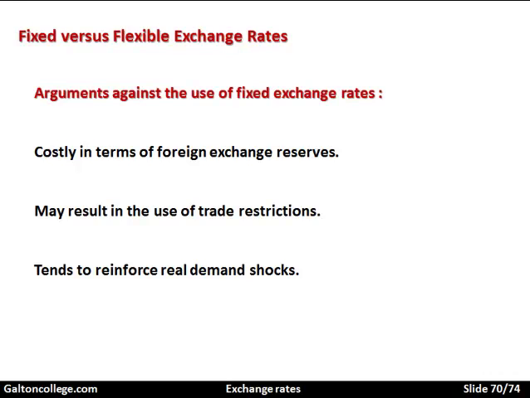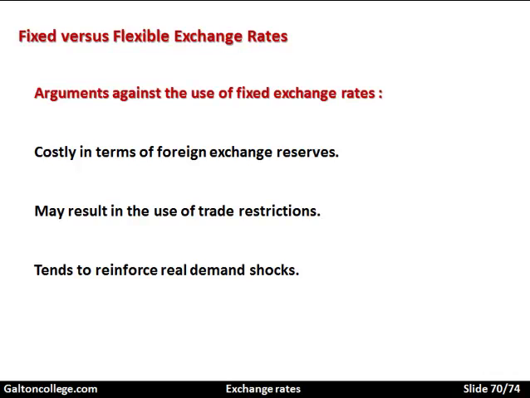It tends to reinforce real demand shocks. The real demand shock, when demand in the economy varies for whatever reason, let's say seasonal demands, say a Christmas one, then people want to buy more goods. Well, part of the buying process may be to buy imports.